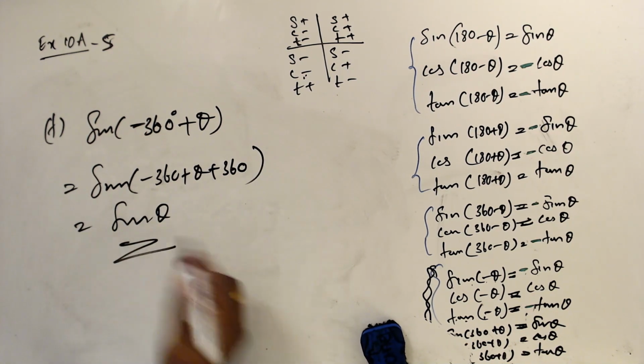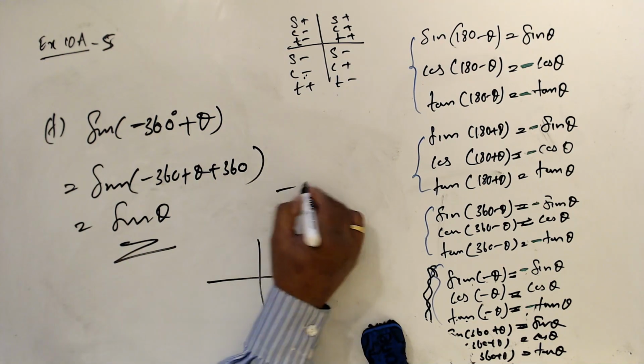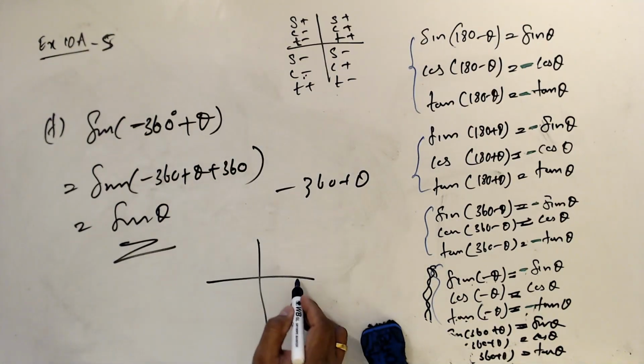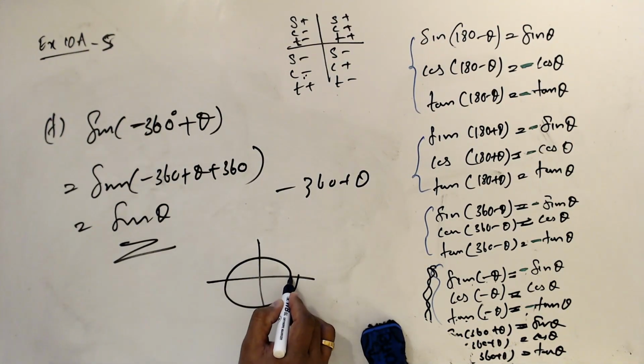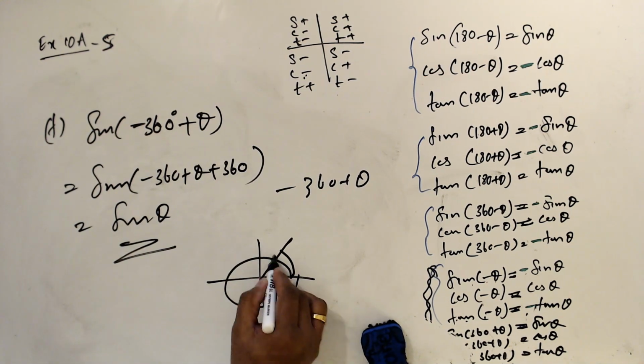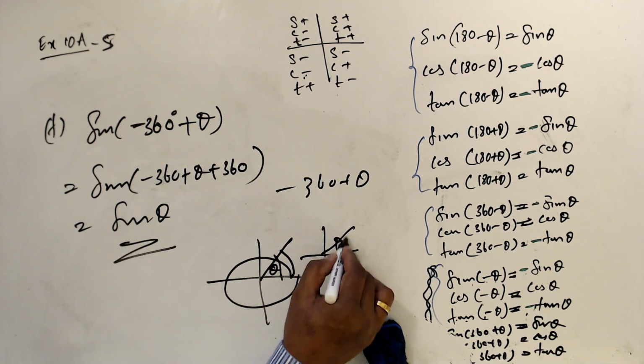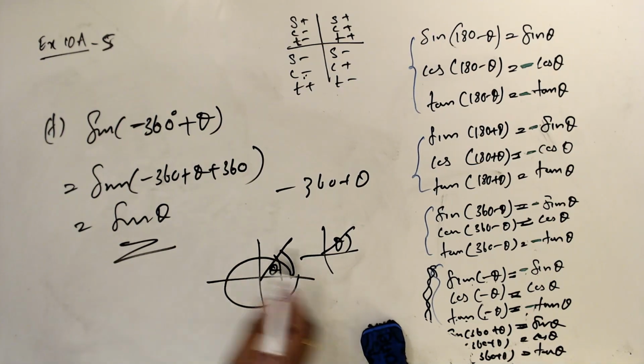Sine theta, simple answer. How do you draw this minus 360 plus theta? Go back and come again to theta. So we can disregard the whole circle, and finally it is only this. Sine ratio in the first quadrant is positive.